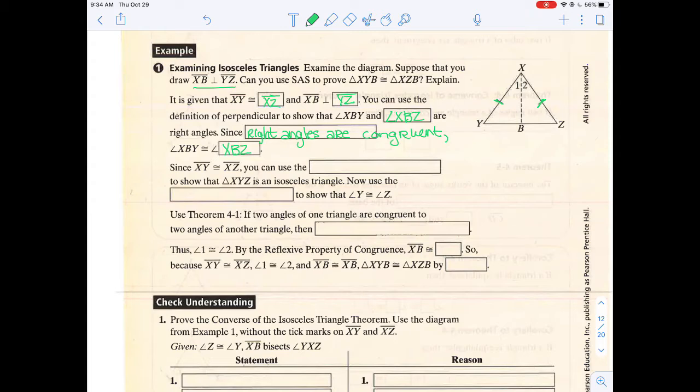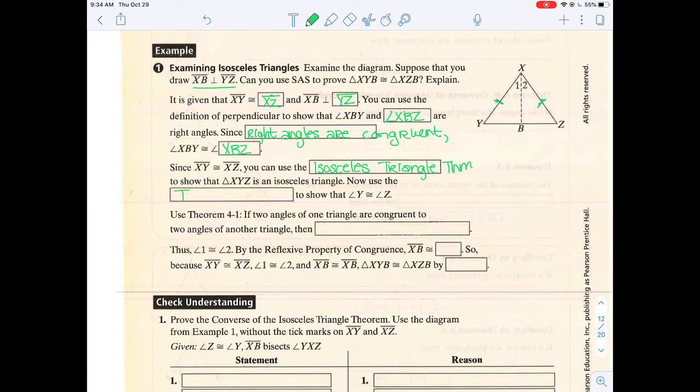Since XY is congruent to XZ, we can use the isosceles triangle theorem to show that triangle XYZ is an isosceles triangle. So we've got these two sides that are congruent, so it has to be isosceles.